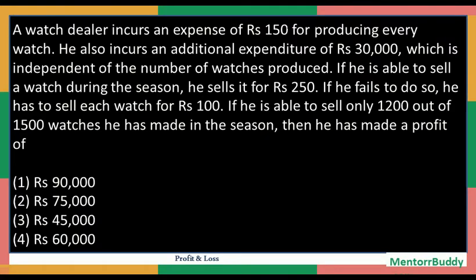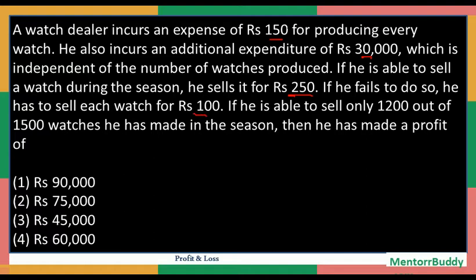It says a watch dealer incurred an expense of rupees 150 for producing every watch. He incurs an additional expenditure of rupees 30,000, which is independent of the number of watches he produced. If he is able to sell a watch during the season, he sells it for rupees 250, and if he fails to do so, he has to sell the same watch for rupees 100.